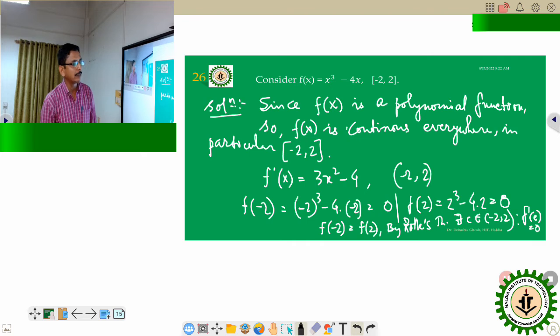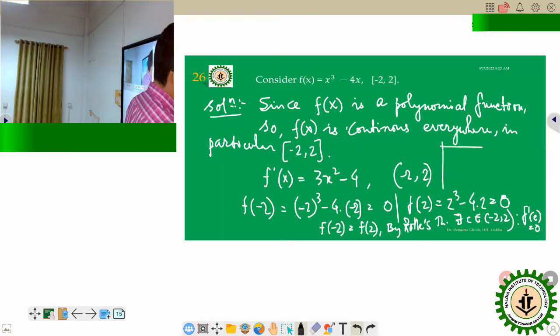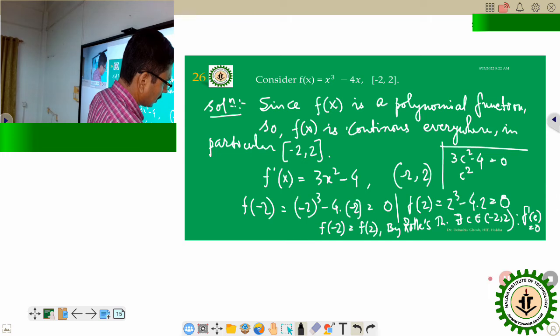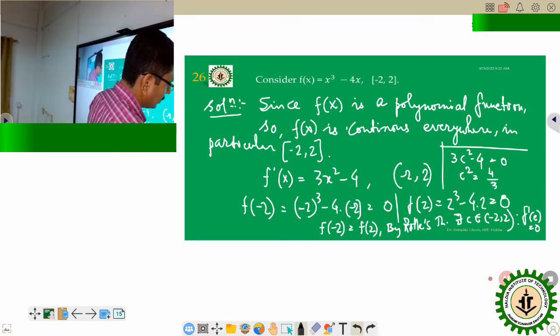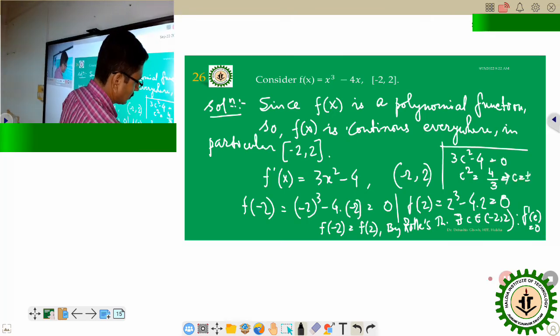This point will be given by 3c square minus 4 equals 0. So therefore c square equals 4 by 3, and this implies c equals plus minus 2 by root 3.